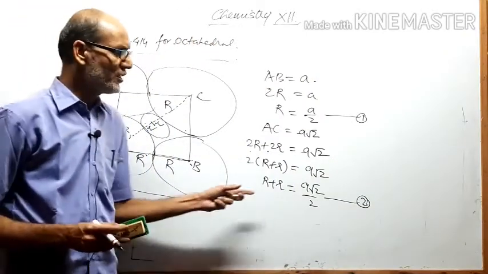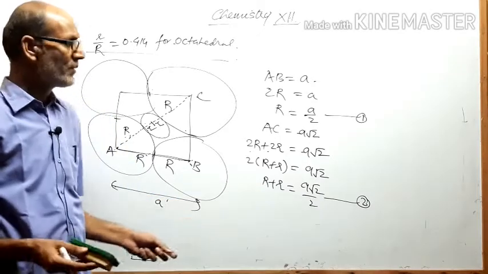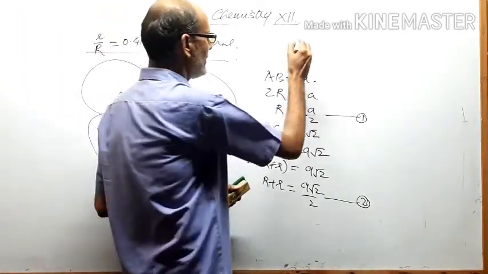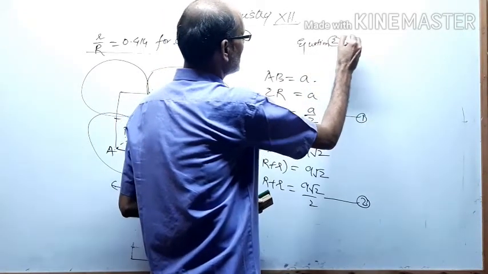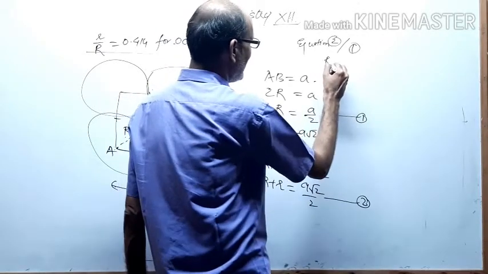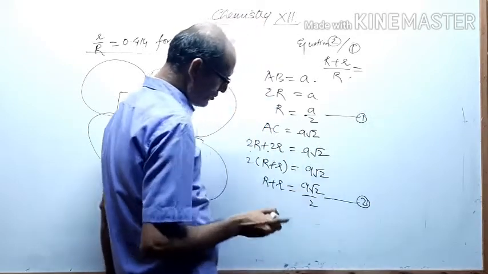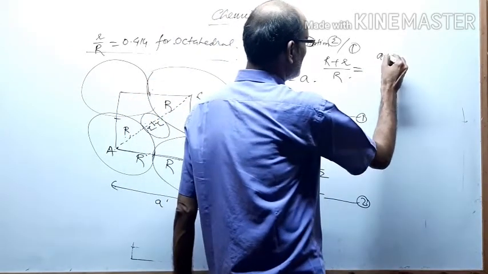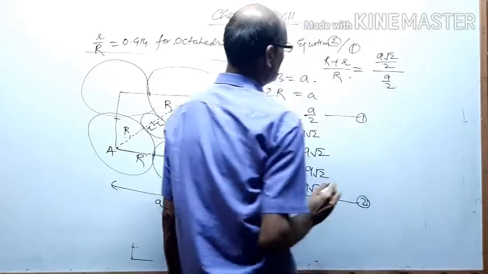If you divide equation number 2 by equation number 1, that means equation 2 divided by equation 1, you will get R plus r upon capital R is equal to a root 2 by 2 upon a by 2.